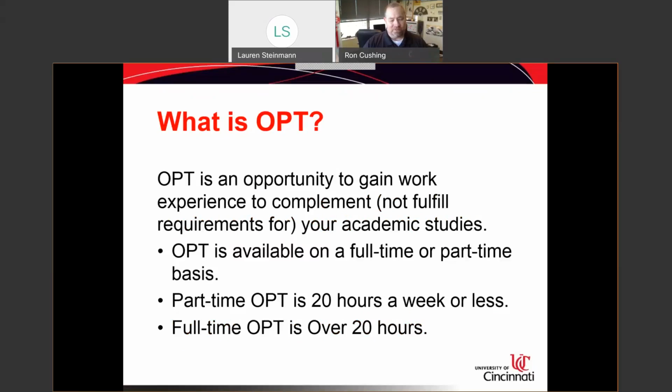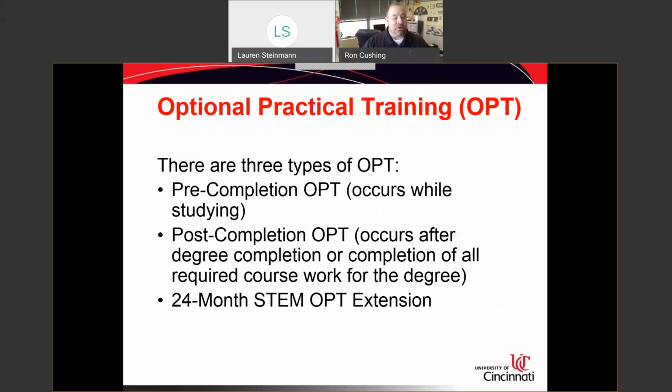Now, optional practical training is an opportunity to gain work experience to complement your field of study. It's available on a full-time or part-time basis. Part-time is 20 hours a week or less, and full-time is anything more than 20 hours per week. There are three types of optional practical training. One is called pre-completion OPT, which obviously occurs before you graduate while you are studying.